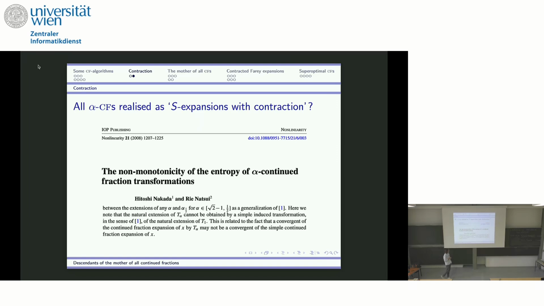At the end of this introduction, they state that the convergents of the alpha continued fraction expansion of x are not necessarily a subsequence of the regular continued fraction convergents. So you can't necessarily start from the regular continued fraction expansion, remove convergents, and then get the alpha continued fraction expansion. So there's no hope of just realizing the alpha continued fractions with contraction itself.